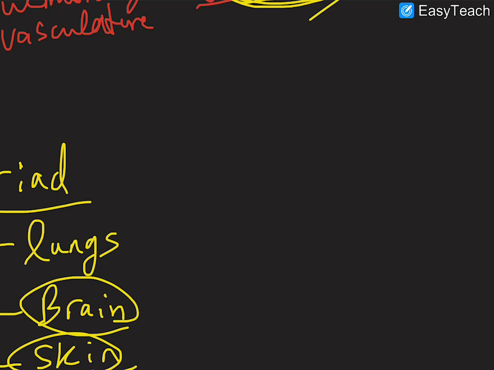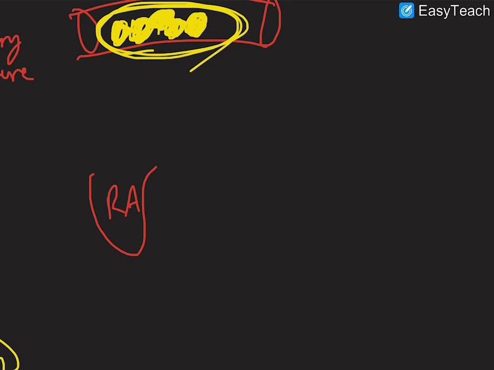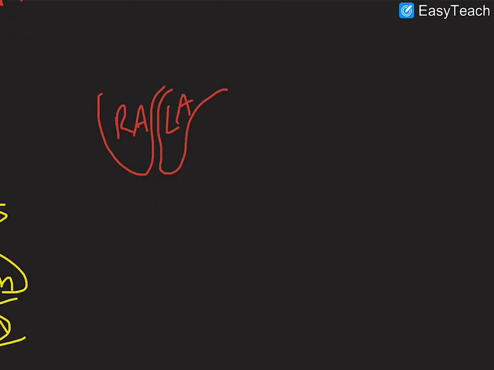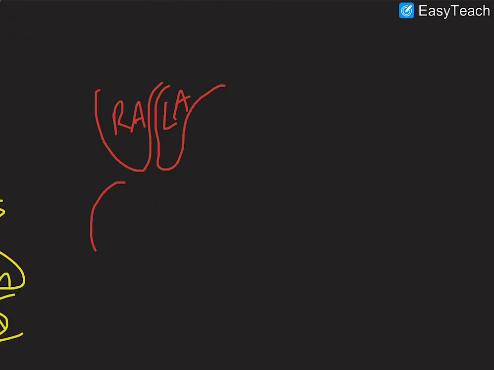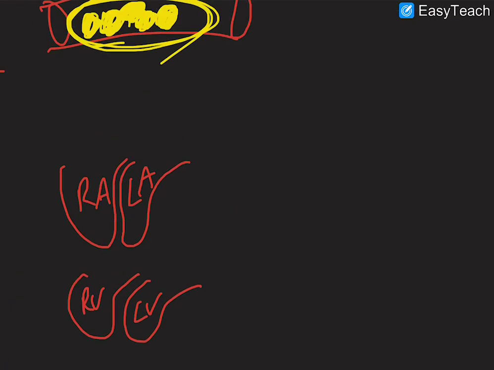So what if this is your right atrium, and then we have a right ventricle, our left atrium, sorry. And then if we just draw all the parts separately, let's say you have your right ventricle here and your left ventricle here. And what if you have an opening, an atrial septal defect, for example?